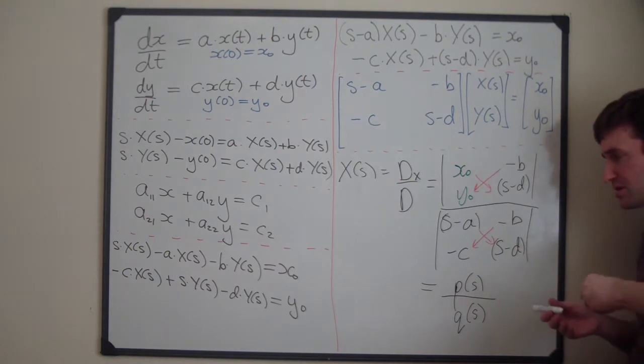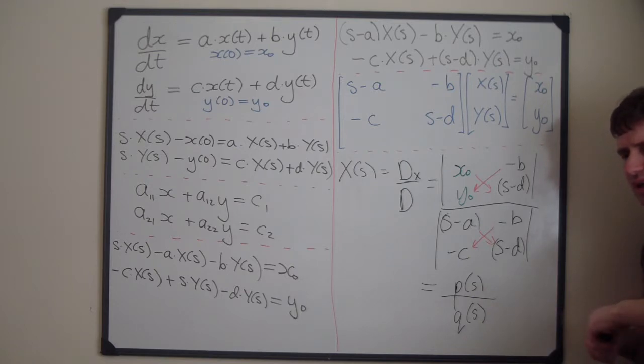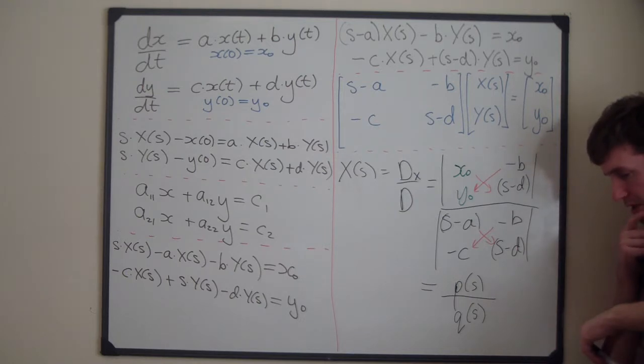You look in the tables, is it there? No, usually. So what you have to do is write this as a sum of simple things that are in the table. So you have to factorize the bottom. Now I think there's two different types of examples that we look at.